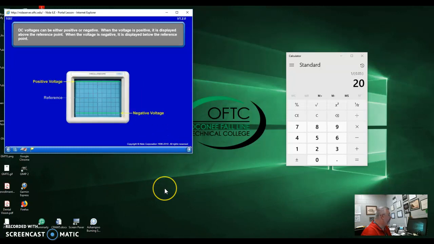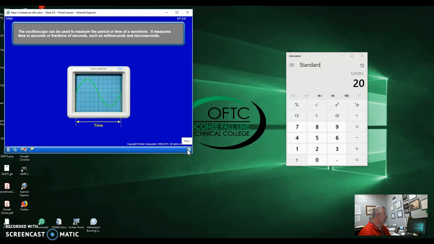I think we're about to run out of time on the video. I'll finish this slide up. It's just showing us that we have a positive voltage with reference to the reference line. That's a positive DC. Anything below that reference line will be a negative DC. So this is talking about DC, and we can measure that.